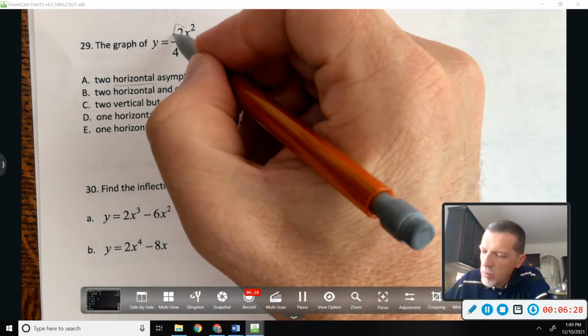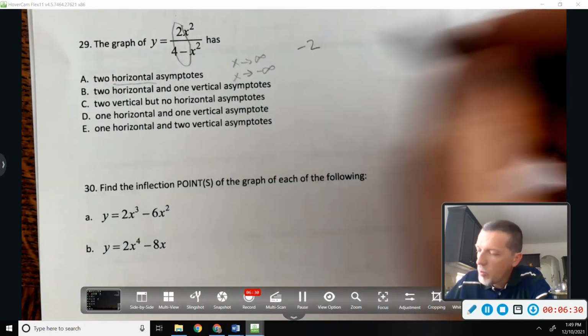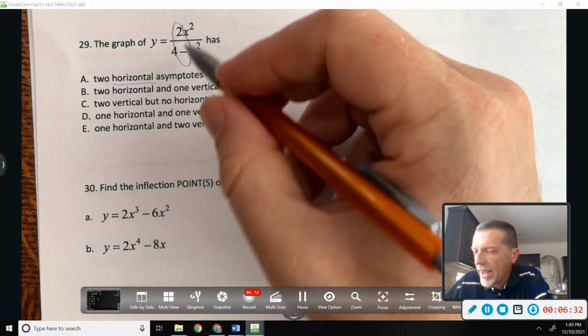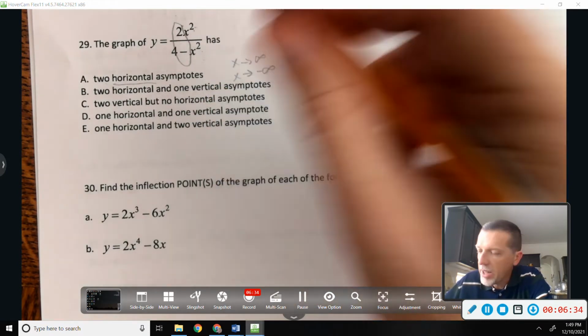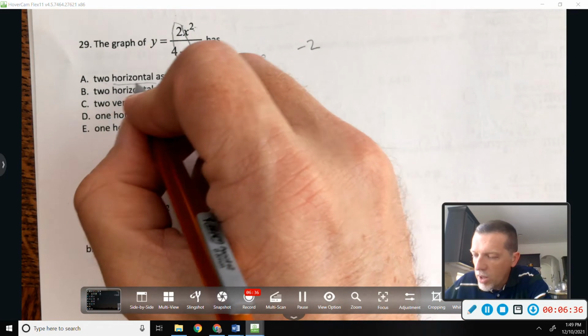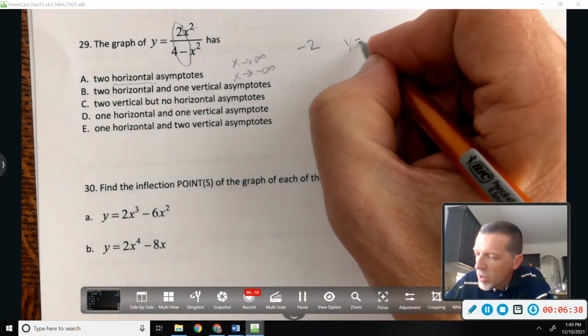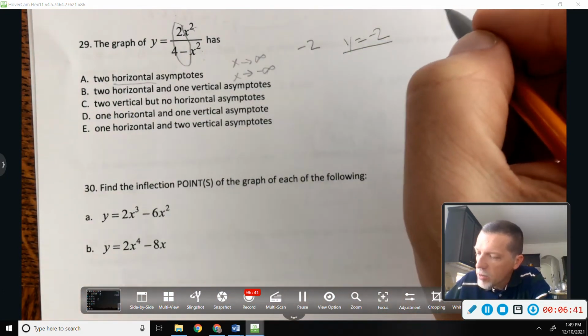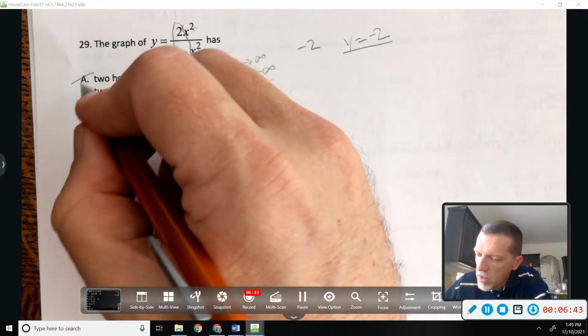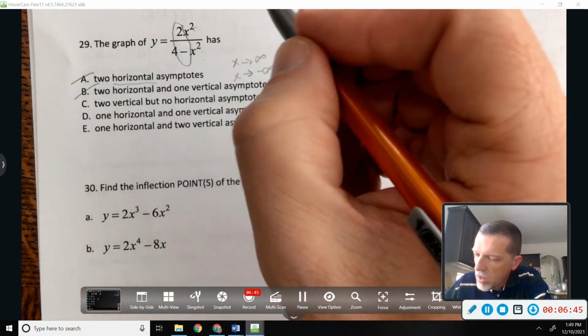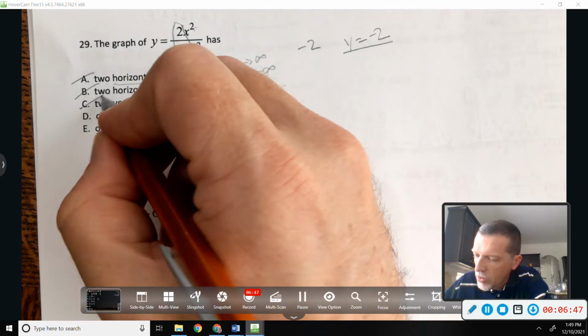If I plug in negative infinity, I also get negative 2 because if I square negative, it goes positive. So I do not have 2 horizontal asymptotes. I have 1 horizontal asymptote at y equals negative 2. Not no horizontal. So 1 horizontal.